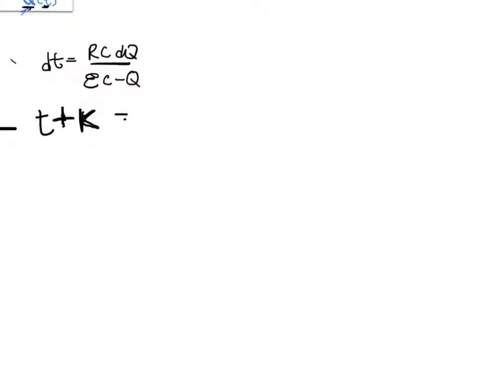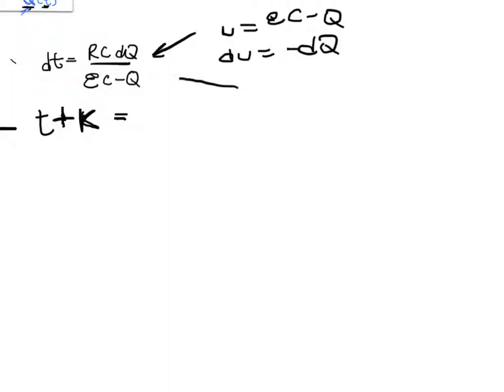And then the right-hand side, to integrate this, I'm going to do a u substitution here, and I'm going to say that my u is going to be EC minus q, and my du is going to be equal to negative dq. So integrating this is going to be the integral of negative du over u.